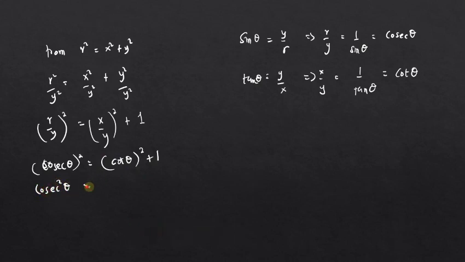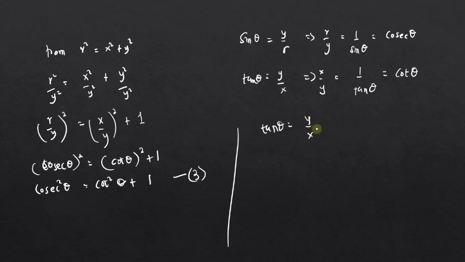Now with respect to the fourth identity, let me just do that at this side. So we have tan theta equal to y over x. What if we divide the numerator and the denominator by r? That will give us y over r all over x over r, right? Because if we do that, the r can cancel r and we'll get this back.